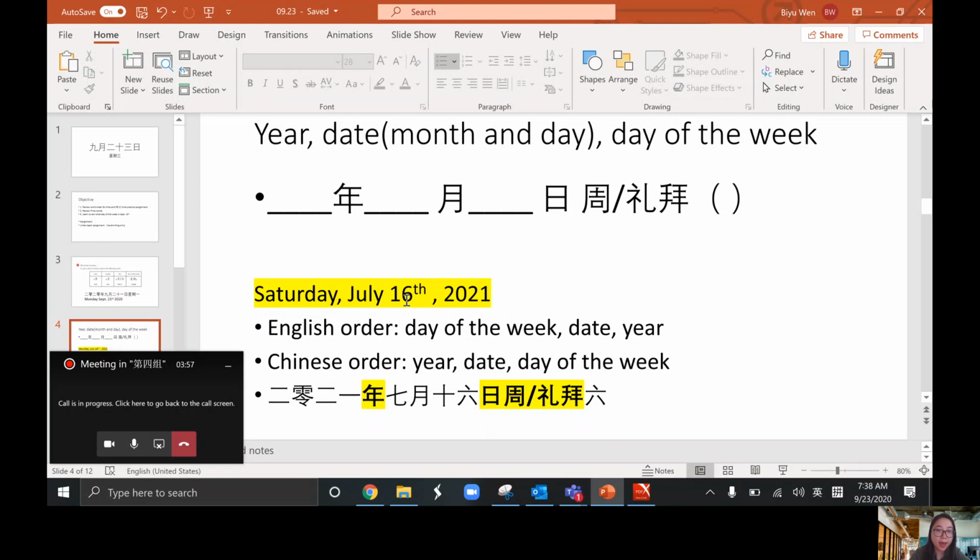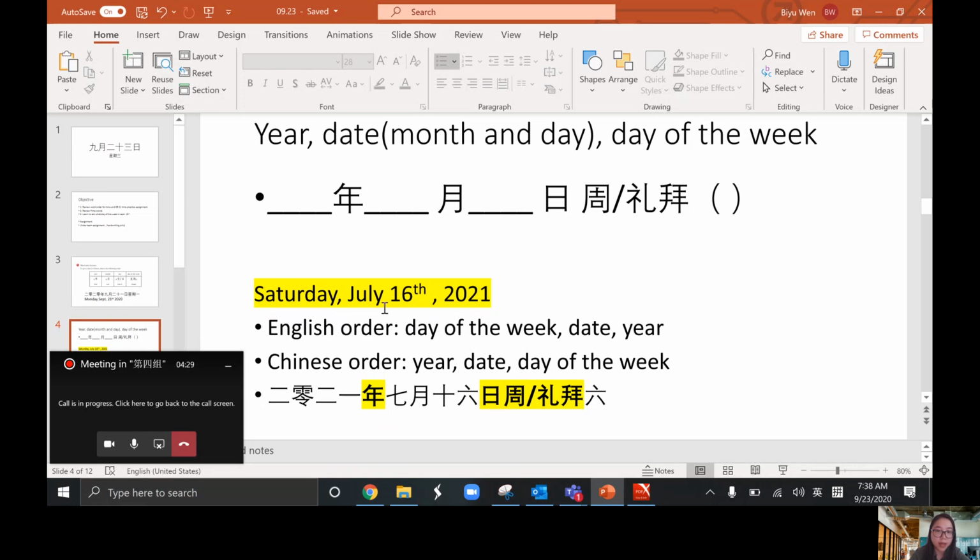The way I ask is I write it down in English and you write down in Chinese order. So when you write in Chinese order, you need to consider what to put first. For example, 年 is year, 月 is month, 日 or 号 is day, 周 or 礼拜 is day of the week. You should put in this order, okay?